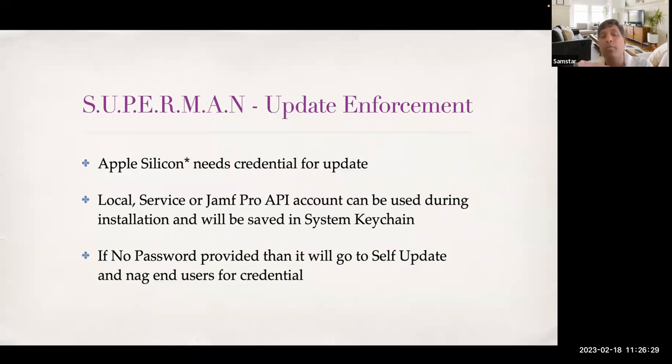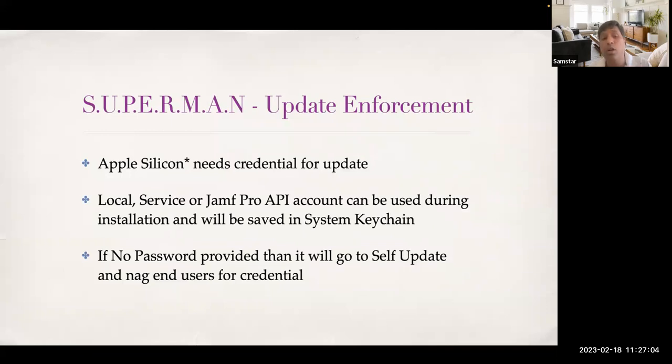For an Apple Silicon Mac, Superman will take the end user to the software update screen, and the user has to click on the restart button and enter the credentials. If you want a similar experience like Intel, where it automatically installs the software update by restarting, then there are a couple of ways of doing that. You can provide a local account which is already on the Mac, you can create a service account, or you can provide a Jamf Pro API account.